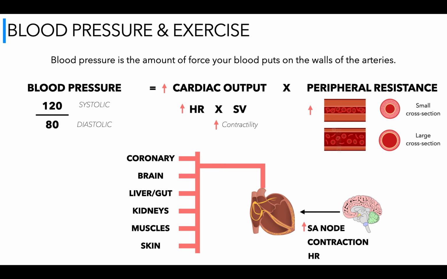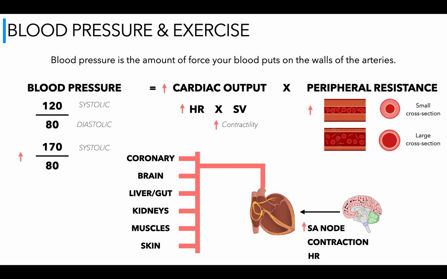So now when we look at the blood pressure formula, we'd have an increase in cardiac output due to the increase in heart rate and stroke volume. And we now have an increase in some peripheral resistance of our blood vessels, the arterioles and the precapillary sphincters. So what happens? We get an increase in blood pressure when we exercise.